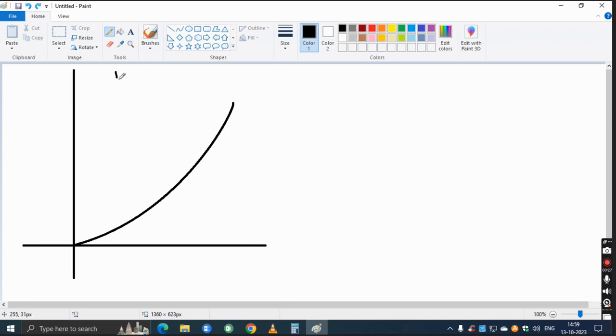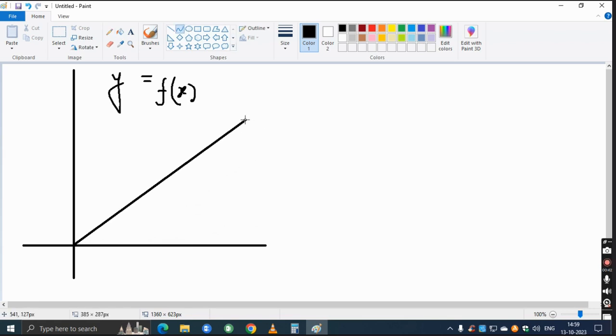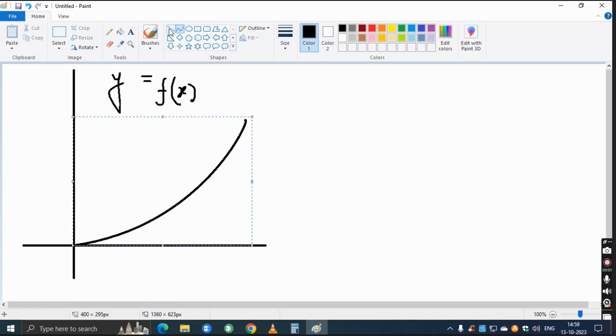Alright, so let's start off. Consider a function y equals f of x.